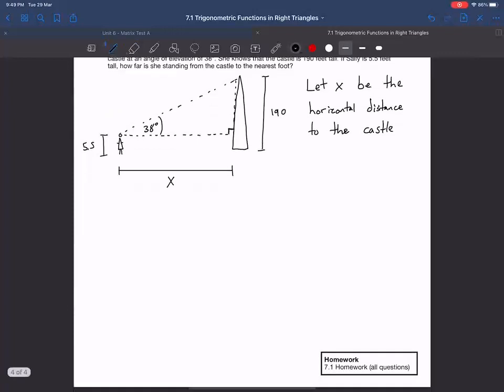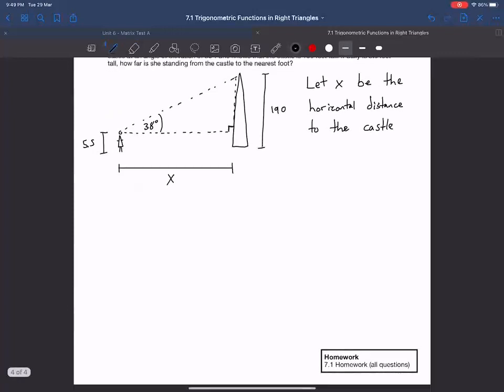Okay, so as I try this question, I see that I have a right angle triangle where I have an opposite, I have an adjacent, and I have a hypotenuse. Now in this case here, my opposite is not going to be 190 because the line of sight is from her eyes. So my opposite length is not actually 190, but it's going to be 190 minus the 5.5, which is 184.5.